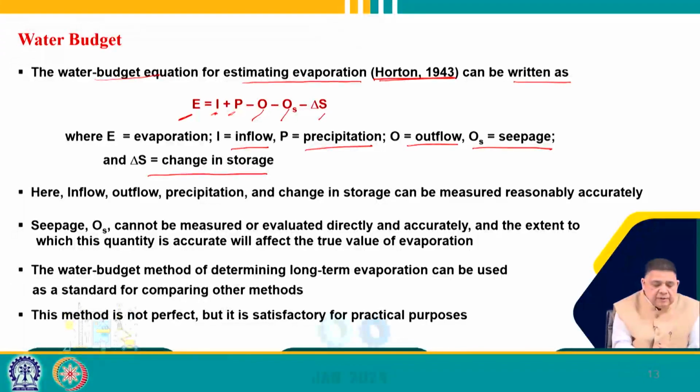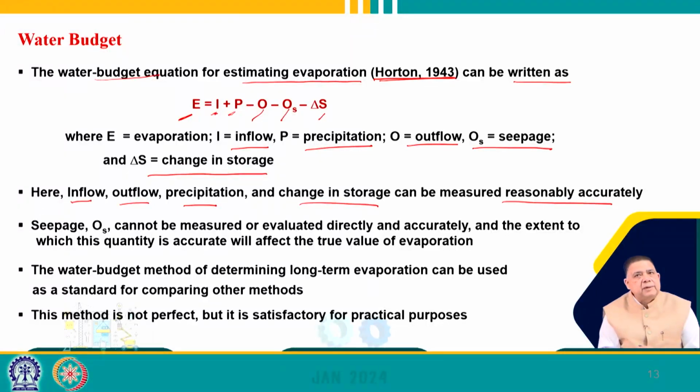Now, in this equation, inflow, outflow, precipitation and change in storage can be measured reasonably accurately. However, seepage OS cannot be measured or evaluated directly and accurately, and the extent to which this quantity is accurate will affect the true value of evaporation.